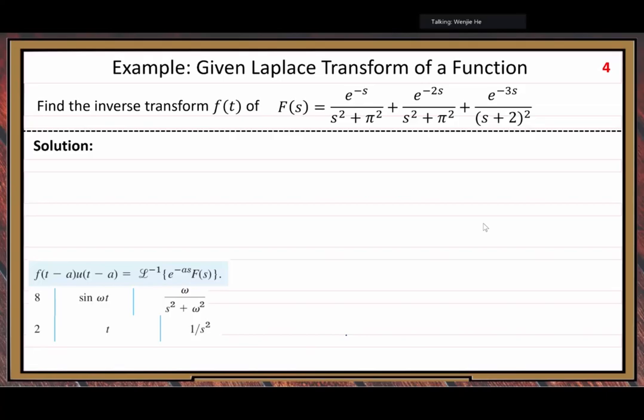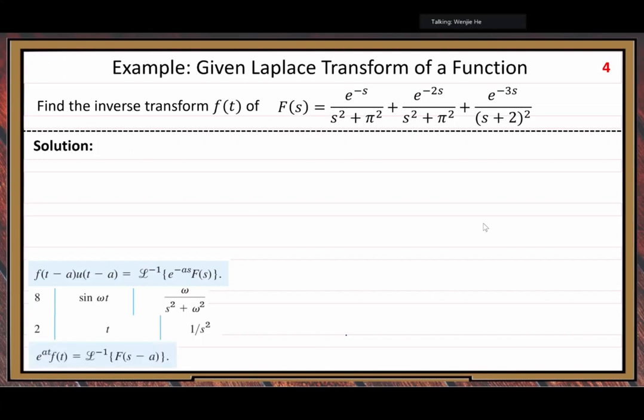All right, then this is the second shifting theorem. We need to use it for the three numerators, the e functions. Yeah, we need to use the second shifting theorem. Then the first shifting theorem.